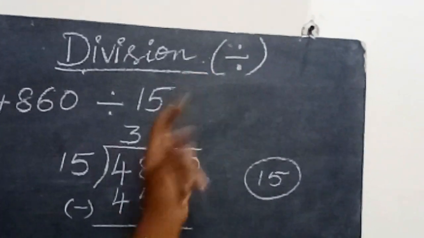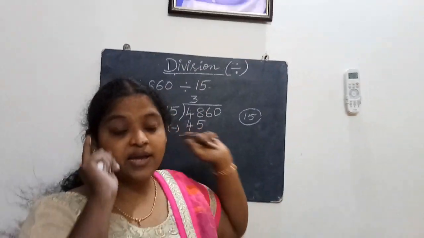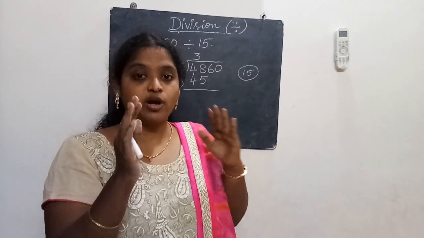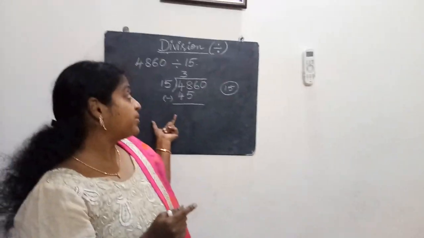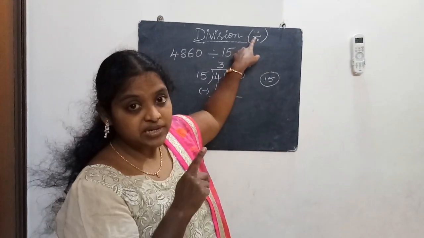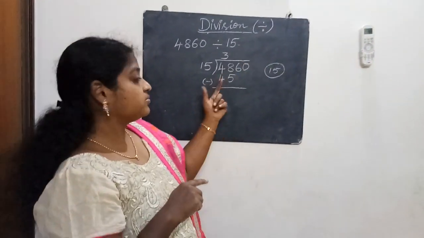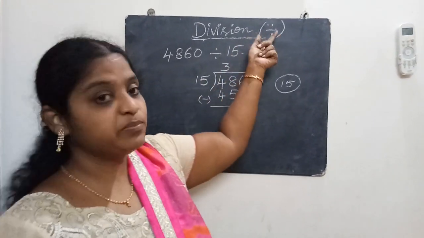This symbol means in division you should do subtraction. Clearly understand this, and don't add the numbers here. You should subtract. Here the minus symbol is there, so you should use it.